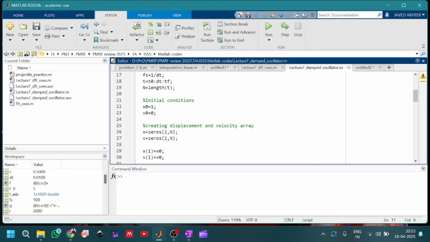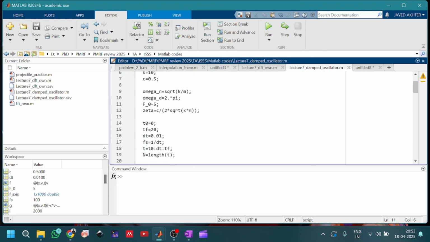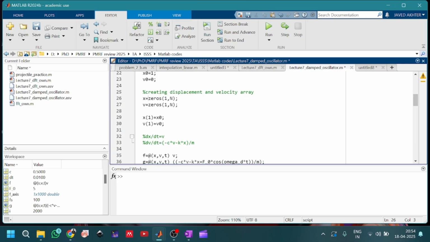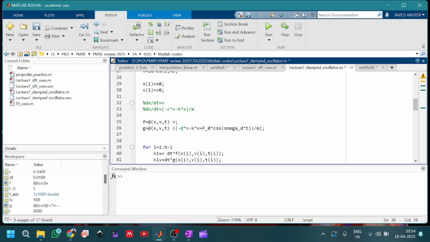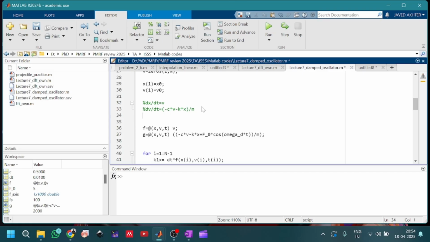Now we can do this for an array of f0. So f0 array, we can start from 0 and go up to 5 in steps of 0.5, and this will be the same for each of the cases. So creating displacement, and this will be the initial condition for all of them. The function will change, though, with the f0 value, so from here we can insert the loop.